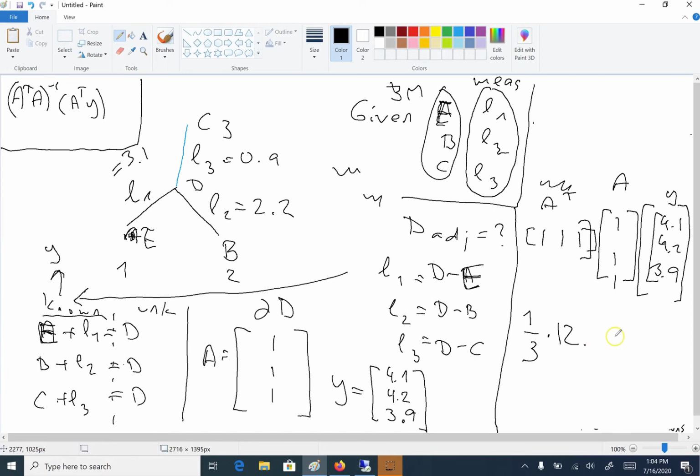And what do we see over here? That the least squares adjusted value for a single variable is just basically the average, or 4.067.